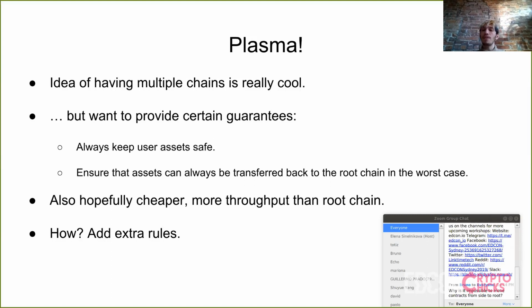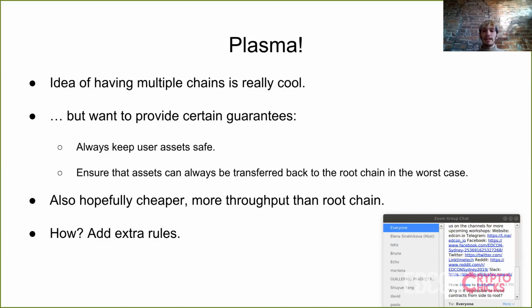If you want to move that contract from the sidechain to the root chain, you have to carry all of that state and all of that code over. And if it's a lot of stored information, that can be really, really expensive. It can take a really long time. And generally people just don't do it because they stick with the assumption that the sidechain consensus mechanism is going to be safe.